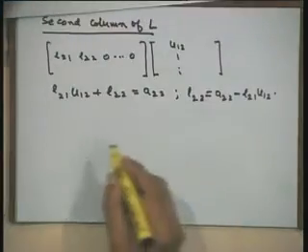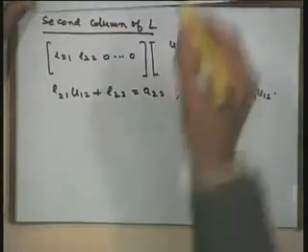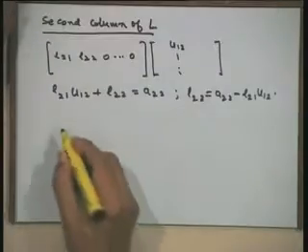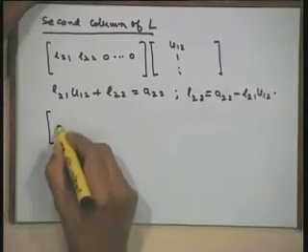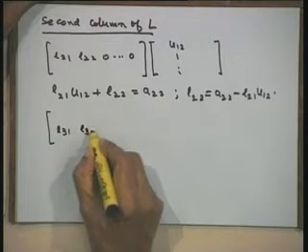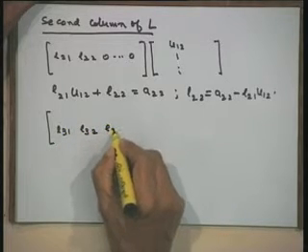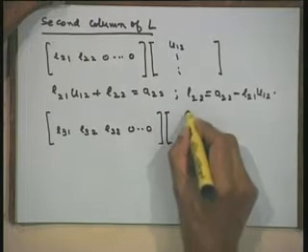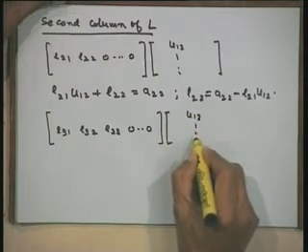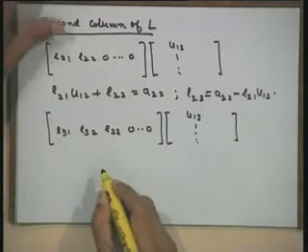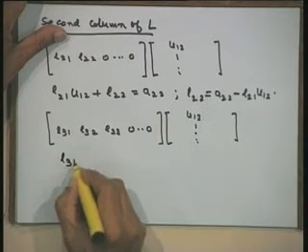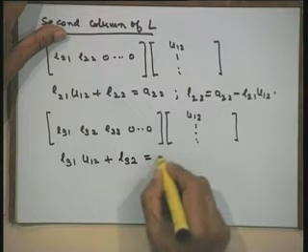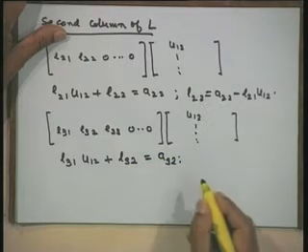Now, I would take the third row of L and the second column of U. That means, I will now consider the product L31, L32, L33 so on, multiplied by U12, 1 so on, which gives me L31 U12 plus L32 is equal to A32.